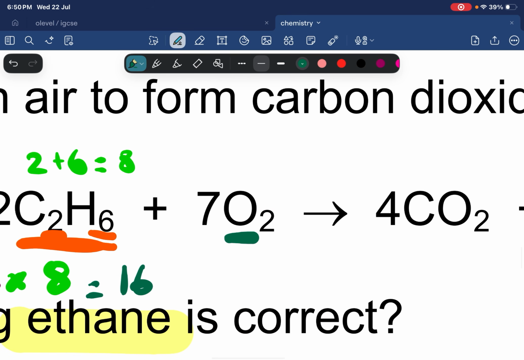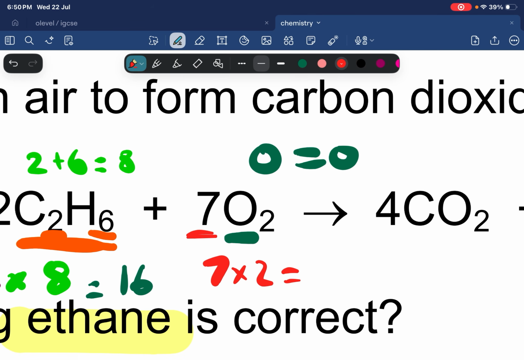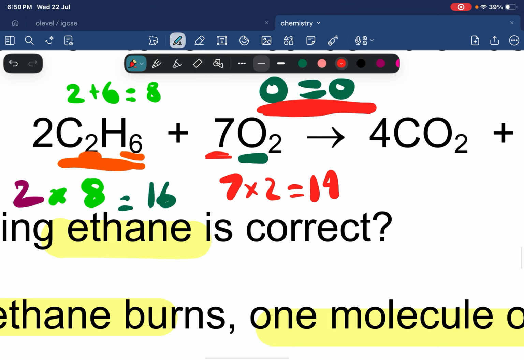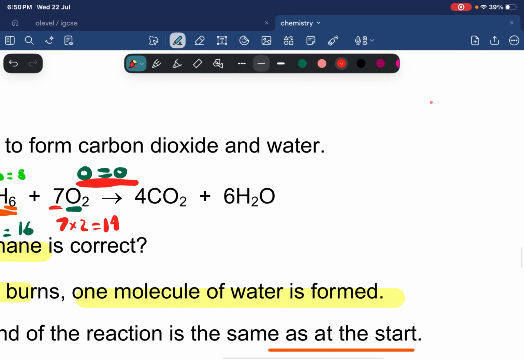Then you have O2. O2 means 2 atoms of oxygen that are covalently bonded with a double bond like this. So it means 7 times 2, because you have 7 O2, like 7 of this thing. That's going to give me 14. 14 plus 16 is going to give me 30.